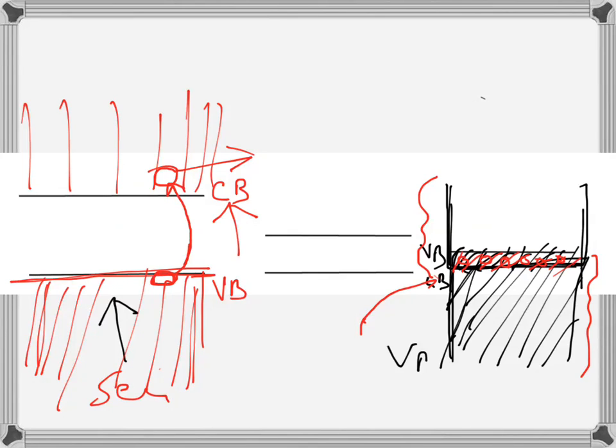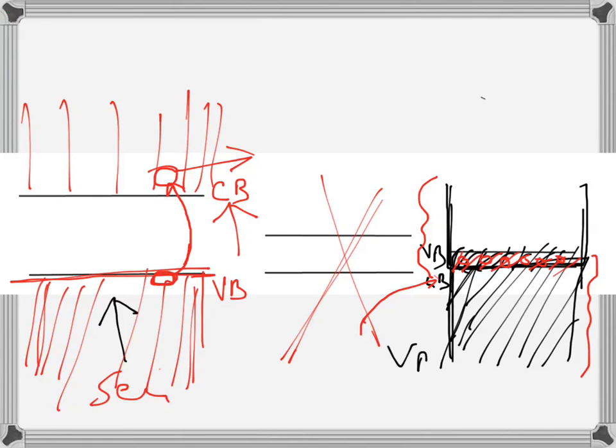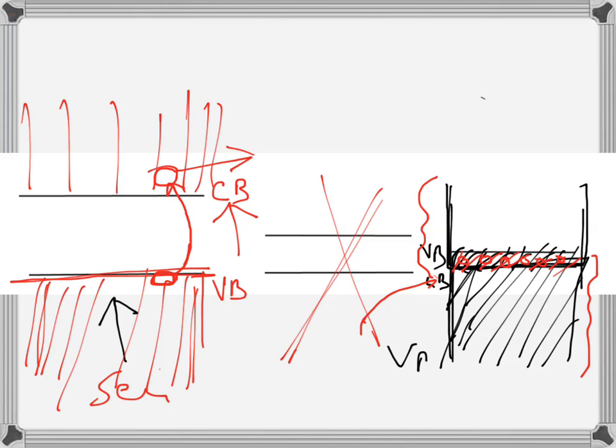I will redraw the insulator one. What we saw is that of a semiconductor. For an insulator, the band gap is much larger. This is called the forbidden gap, or band gap.